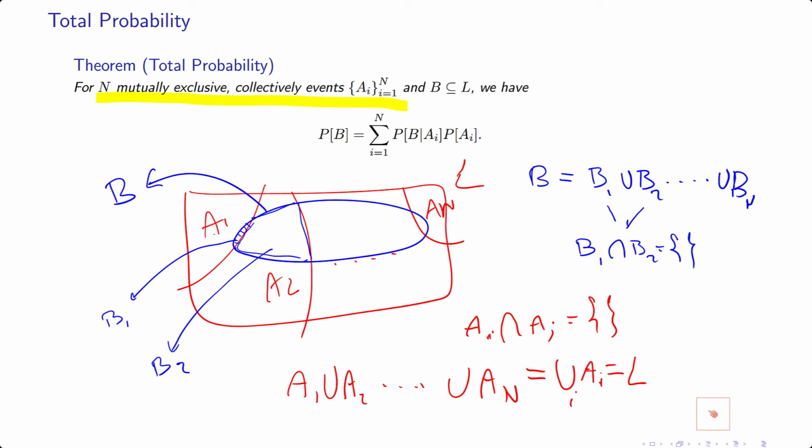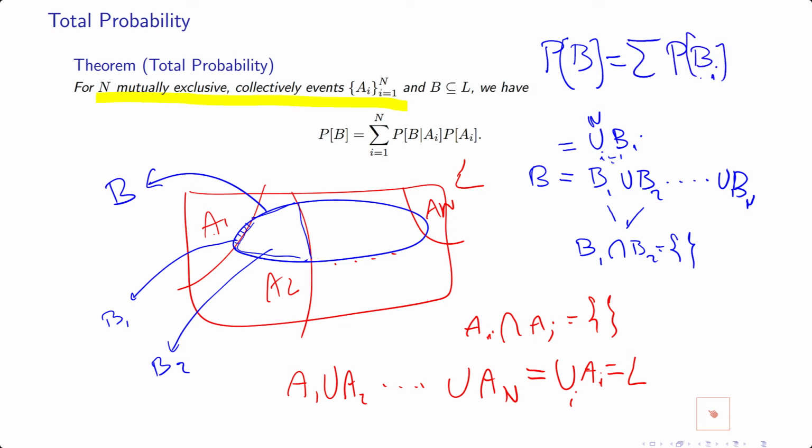So I have two properties. First of all, B is equal to the union of Bi, i equal 1 to n, and then they're disjoint. So therefore, in this circumstance, I could write the probability of B. Because they are disjoint, the probability of B is equal to the summation of the probabilities of Bi's. But remember that Bi itself is the intersection of B and Ai.